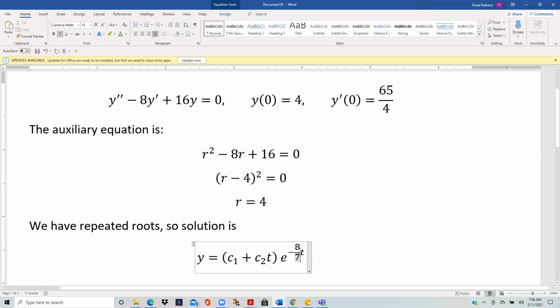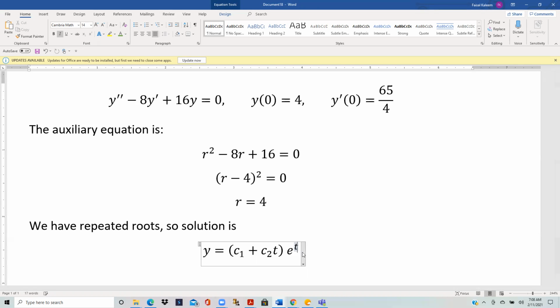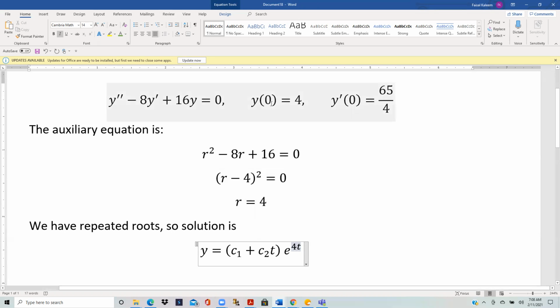In this case, r is 4, so e to the power 4t. But since here we have initial conditions, this is not the solution, this will be the general solution.